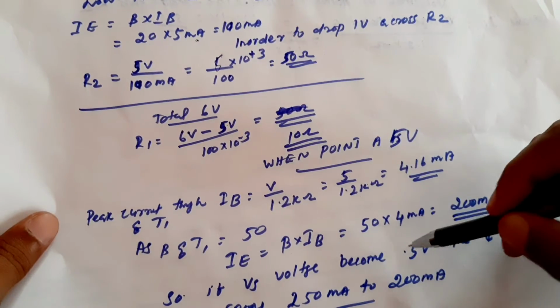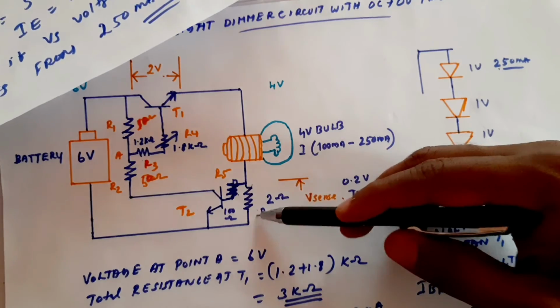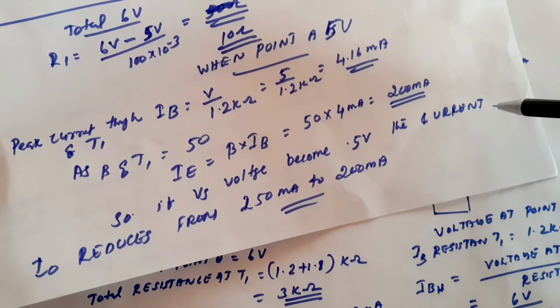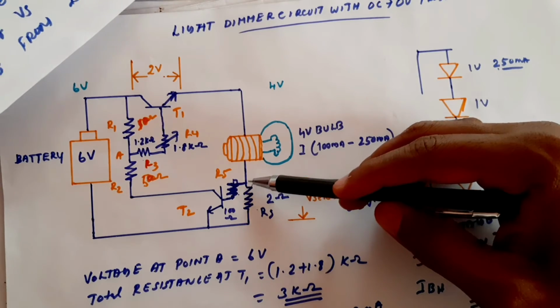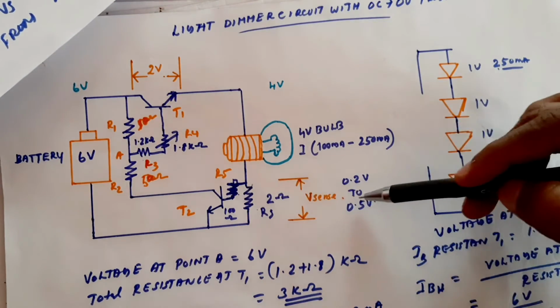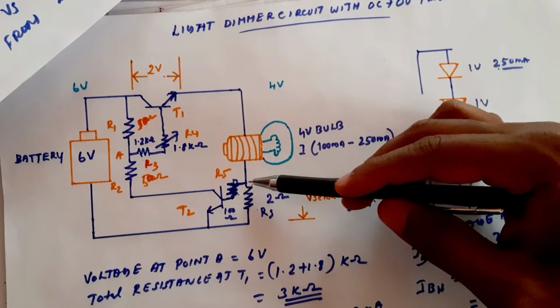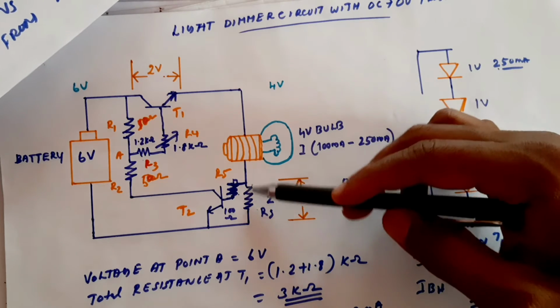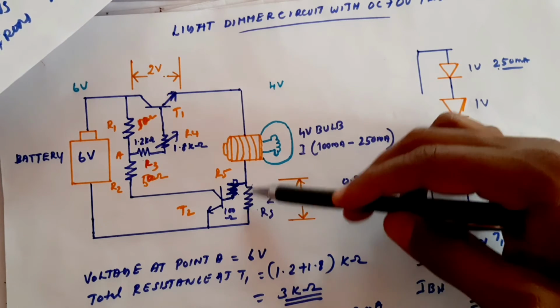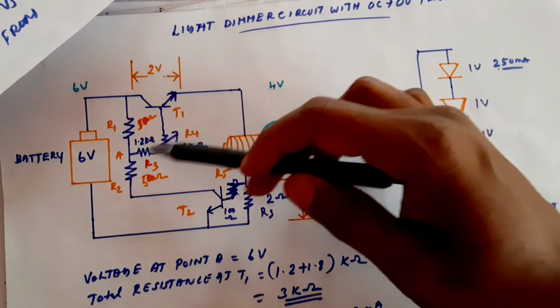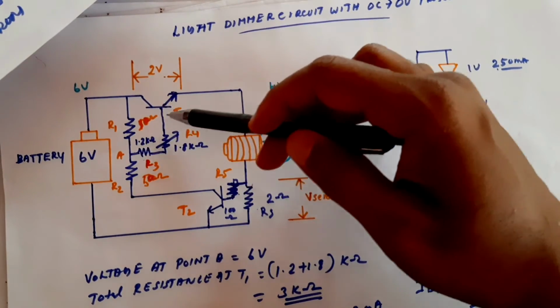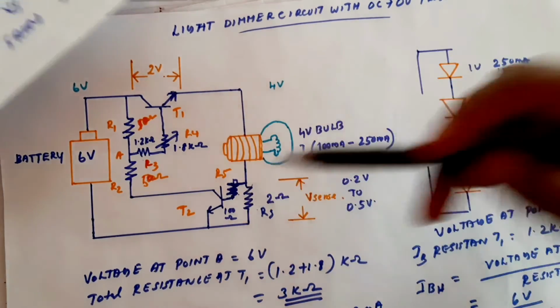So if the voltage at this point becomes 5 volt, when more than 250 milliampere is flowing through it, it turns on and reduces the base current, thereby reducing the output current.